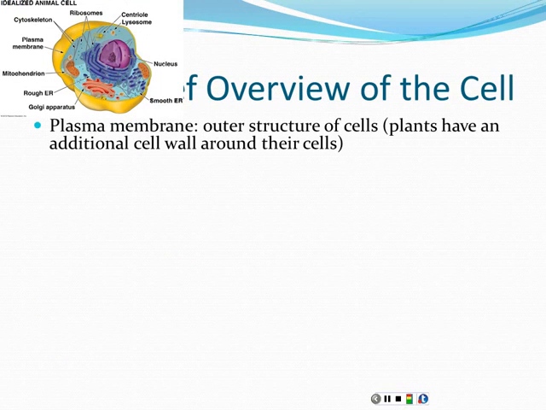The reason why I want to do this overview of the cell is because it helps build up on what we'll be learning pretty soon. First of all, the plasma membrane of an animal cell is just this outer portion of the cell itself. And does anybody remember which biomolecule makes up the plasma membrane?